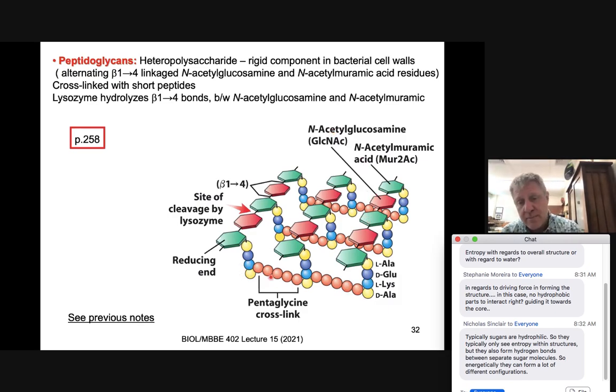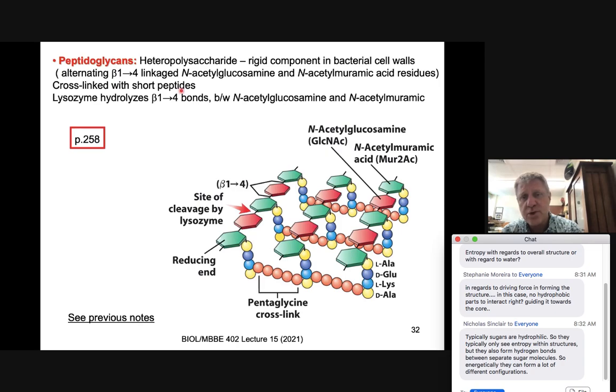There's a peptide, a common structure with this alanine, glutamine, lysine, alanine configuration, and you can see how it has a bond formation with the N-acetylmuramic acid. Then there's a lateral component of a repeating glycine moiety to give you that backbone structure, allowing you to produce these very decorated carbohydrate structures.